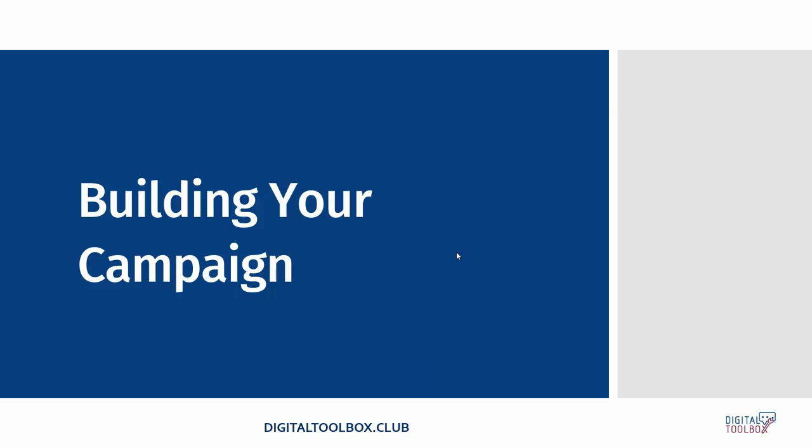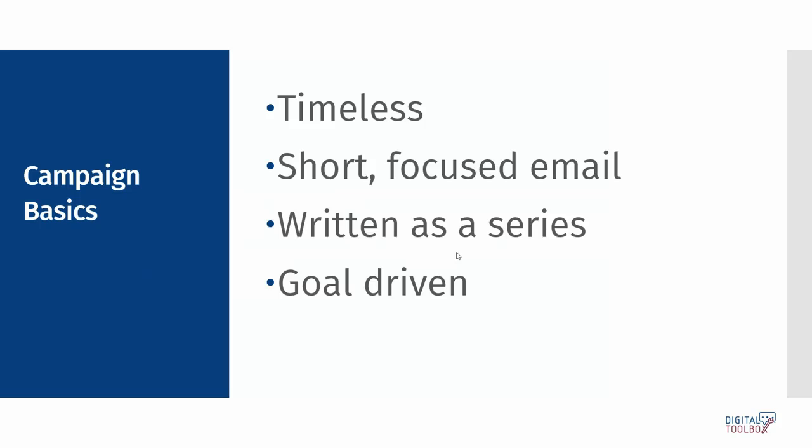As you're looking to build your campaign, here are a couple of things I want you to remember. The first thing is that an automated campaign needs to be timeless. You can't have things like, hey, it's winter out there, because this campaign, if it's done right, is going to run all year long.